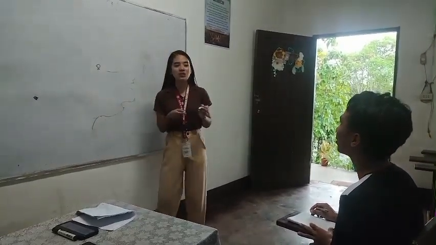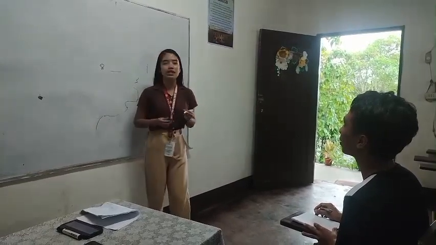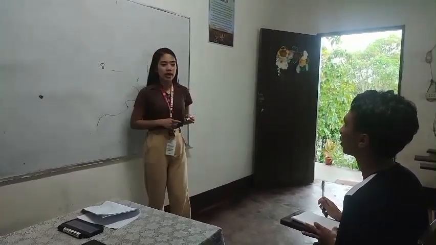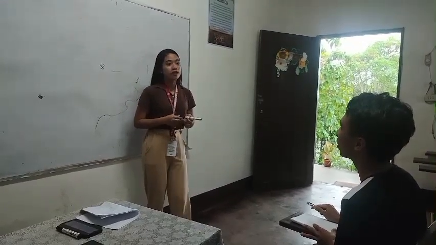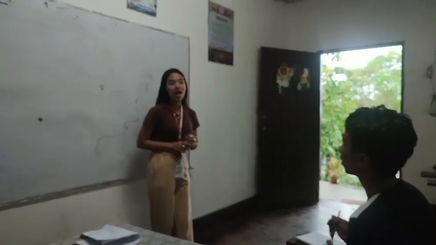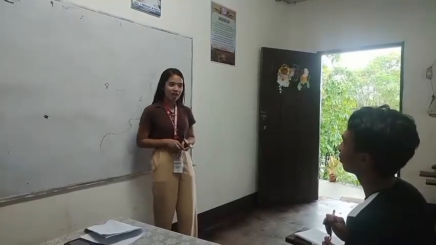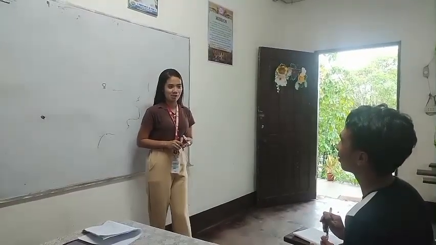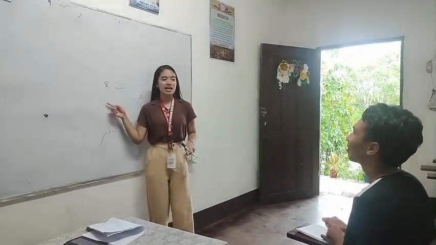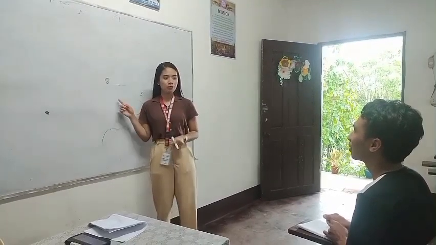What do you think is the number that if we divide it into 8, we get a rational number? When we say rational number, it is a whole number or a natural number. So now, what do you think is the divisor or the factor of 8?